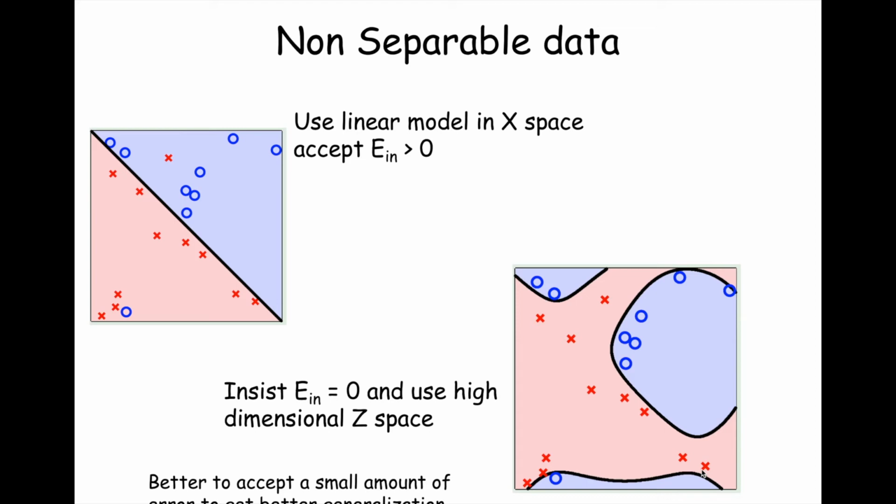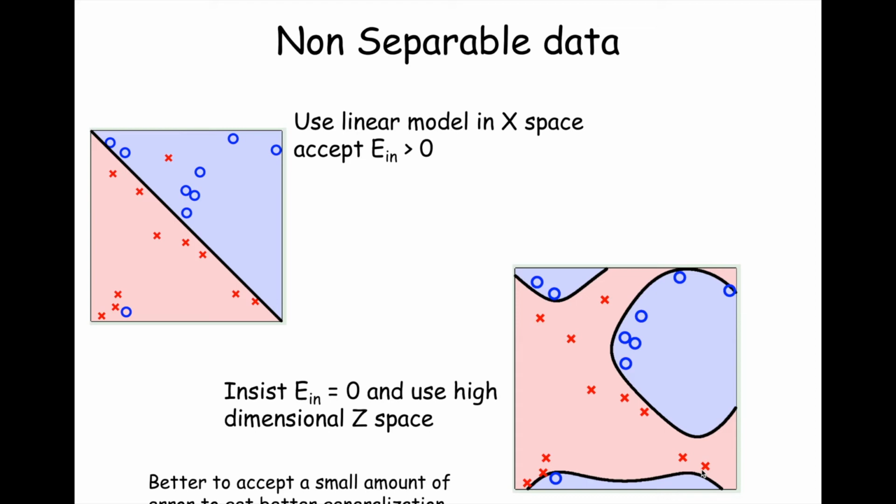But for this problem on the left-hand side, with that result, one decision you might make, if your model is only mildly nonlinearly separable, is that it might be better to take the original linear model in X space and just accept the fact that in-sample error is going to be greater than 0, right?